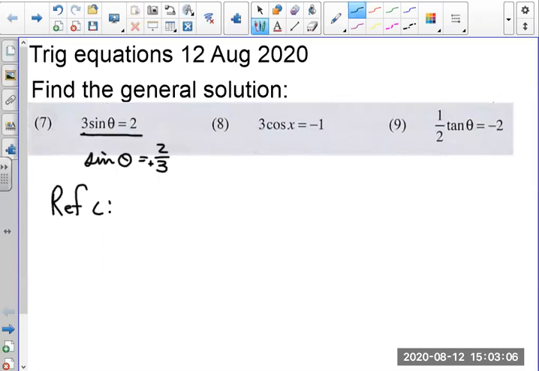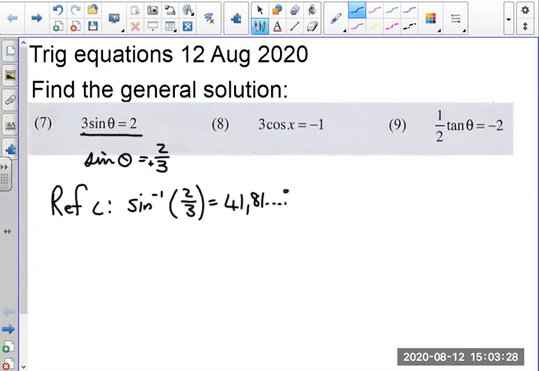If it was a negative, you ignore it. So for the reference angle, you say shift sine of 2/3 and you get a reference angle of 41,81 degrees.